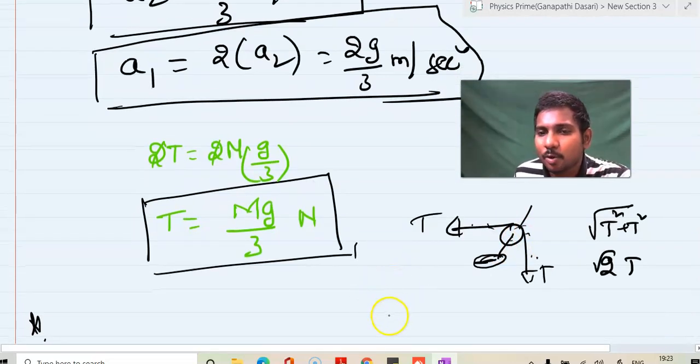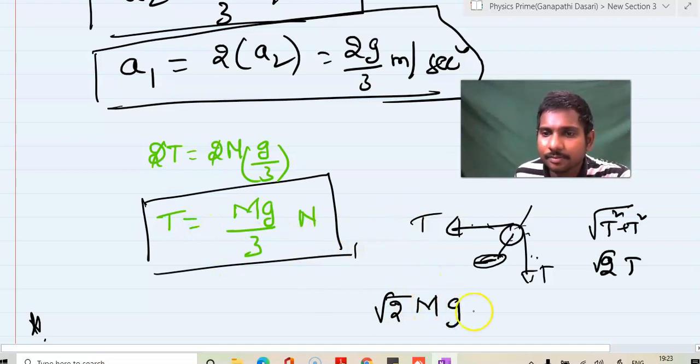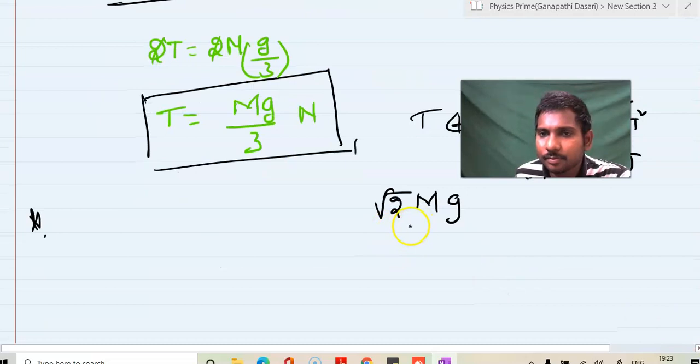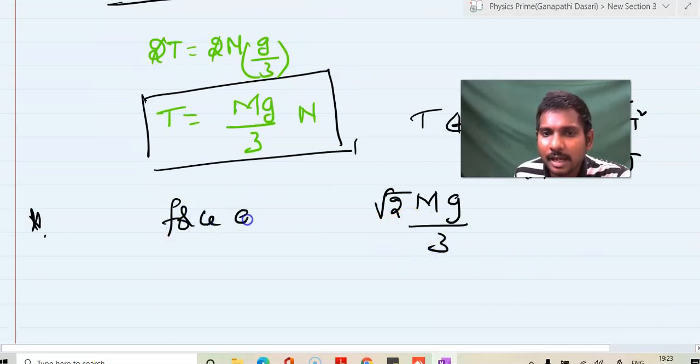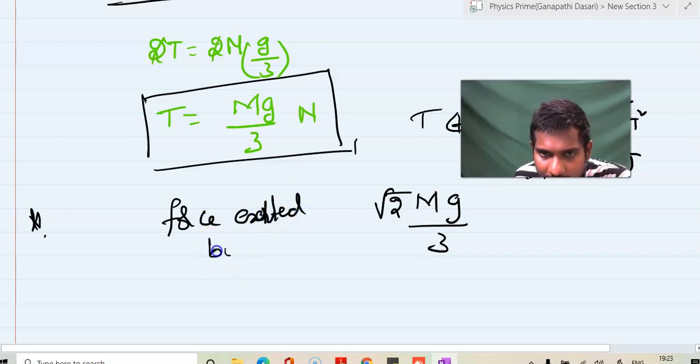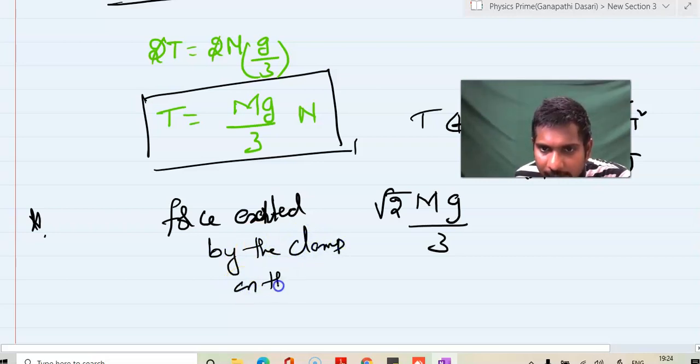So that is root 2 into T, which is mg by 3. That is the force exerted by the clamp on the pulley.